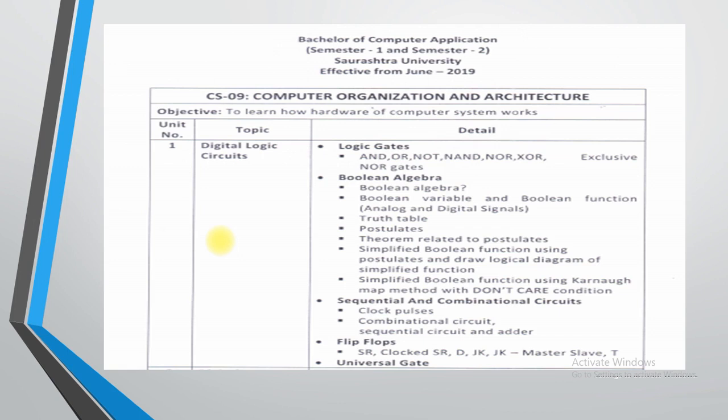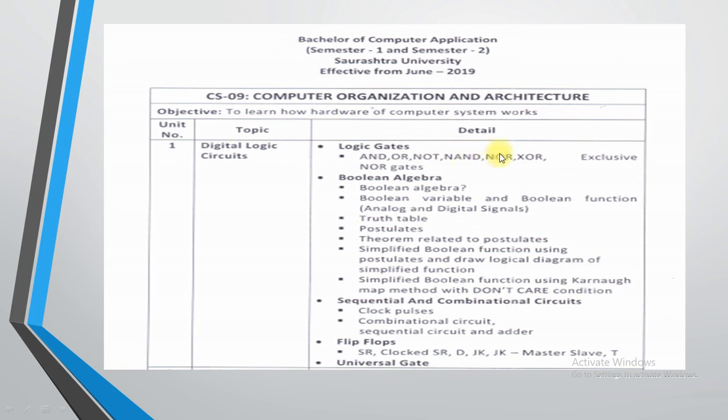In this particular subject, we have 5 units, and the first unit is called digital logic circuit, which contains topics like logic gates. Logic gates include AND, OR, NOT, which are considered basic gates, NAND and NOR.